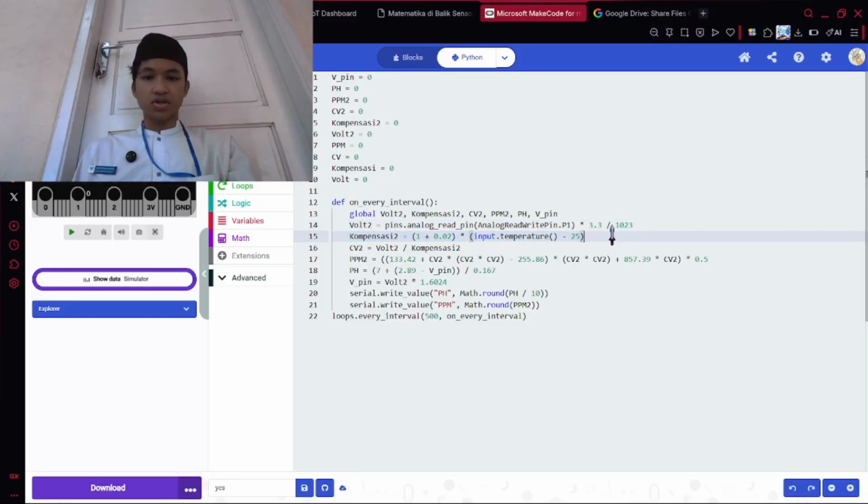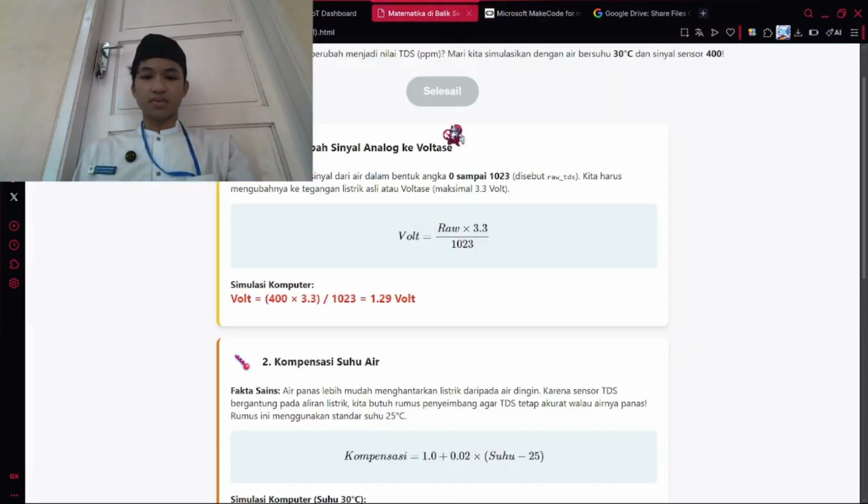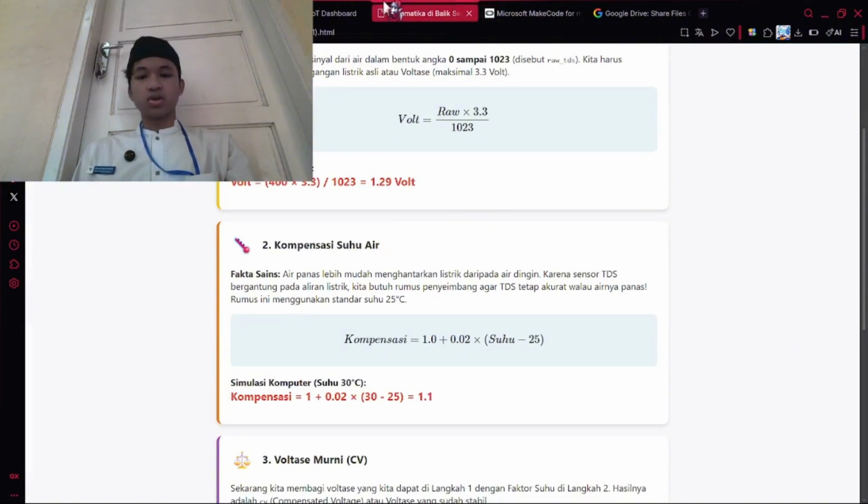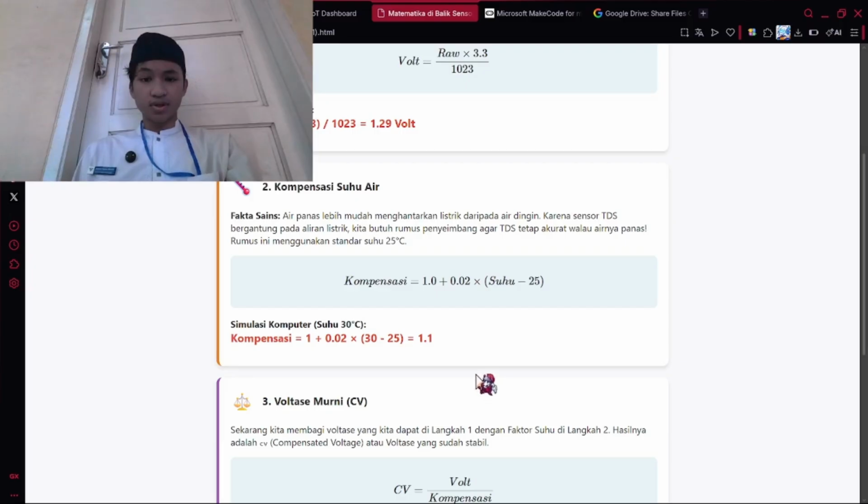Second is compensation. Over here it's compensation, to compensate for temperature and so on. The formula for the compensation is 1 plus 0.02 times temperature minus 25.